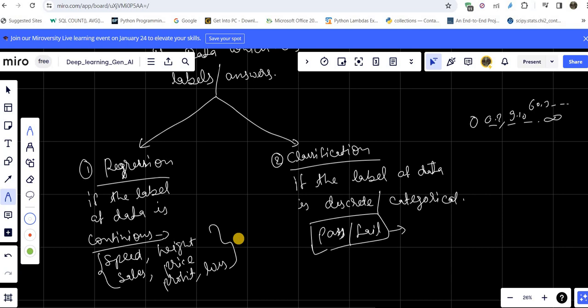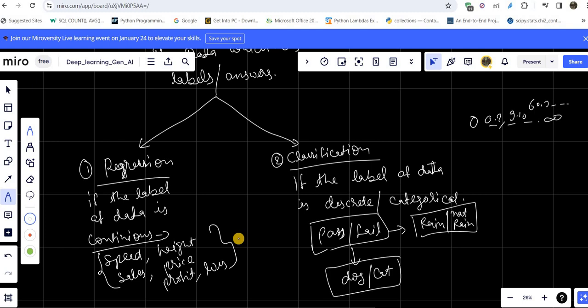Whether there will be rain tomorrow or not. Whether the image is a dog image or a cat image. Understand? These all are classification. Or for fruit, apple or orange. So these all are classification.